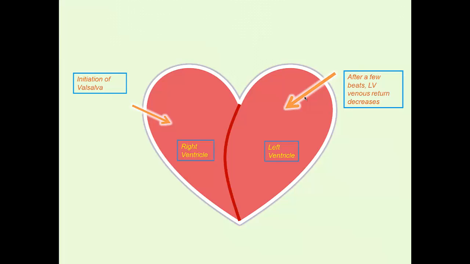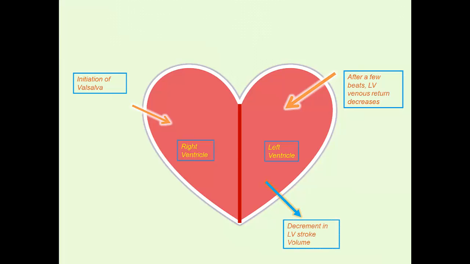But as it's maintained over many beats, you start to have diminished left ventricular venous return. And then you have a prolonged and prominent decrease in left ventricular stroke volume as a function of this diminished right heart return making its way to the left heart. And then you have a decreased arterial pressure. You have a decreased arterial pulse pressure suggesting lower left ventricular stroke volume. And this is this prolonged phase 2.